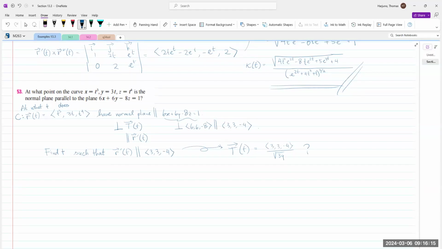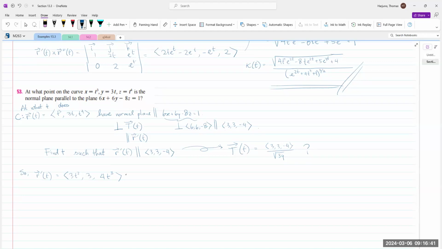So the r prime t will be (3t squared, 3, 4t cubed). But this is basically (3, 3, -4) when t equals to -1, right?